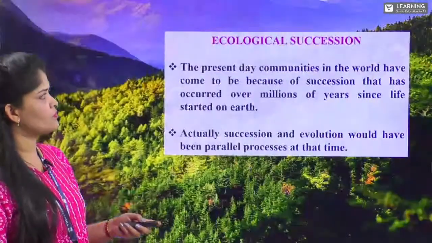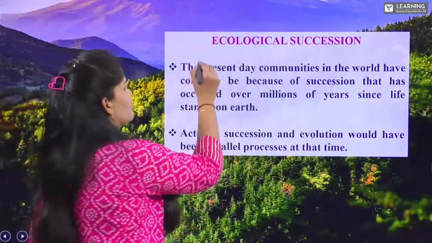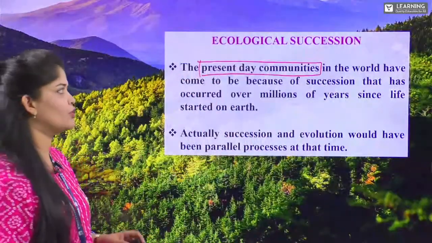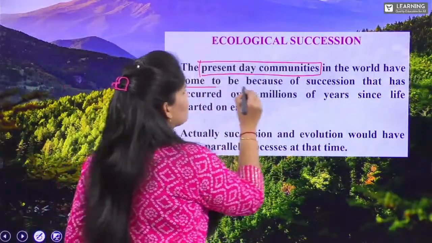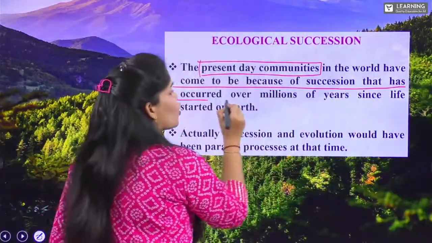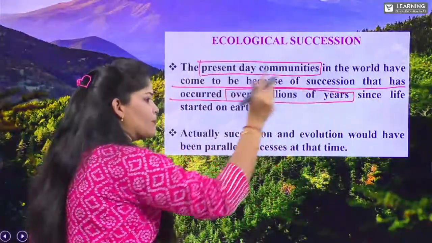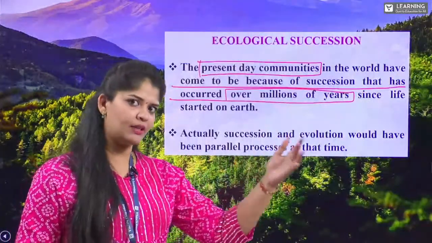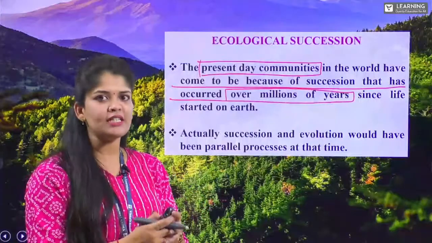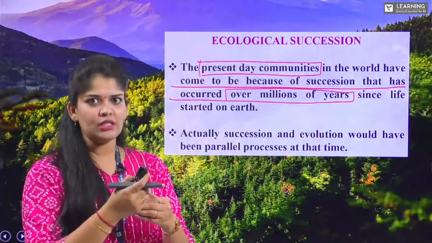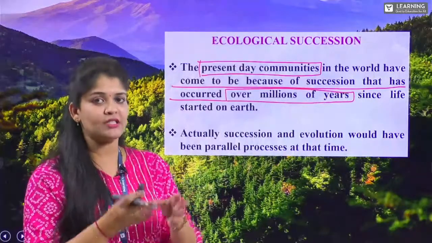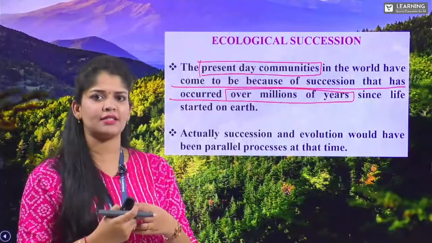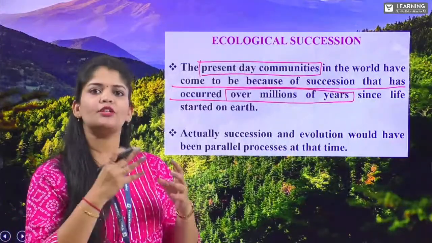Now, the present-day communities, whatever plant communities or animal communities we find in the world, have come to be because of succession that has been occurring over millions of years. Over millions of years, they have been changing in response to the changes happening in the environment, showing changes in the number of plant species and animal species, as well as in their composition, diversity and total biomass.